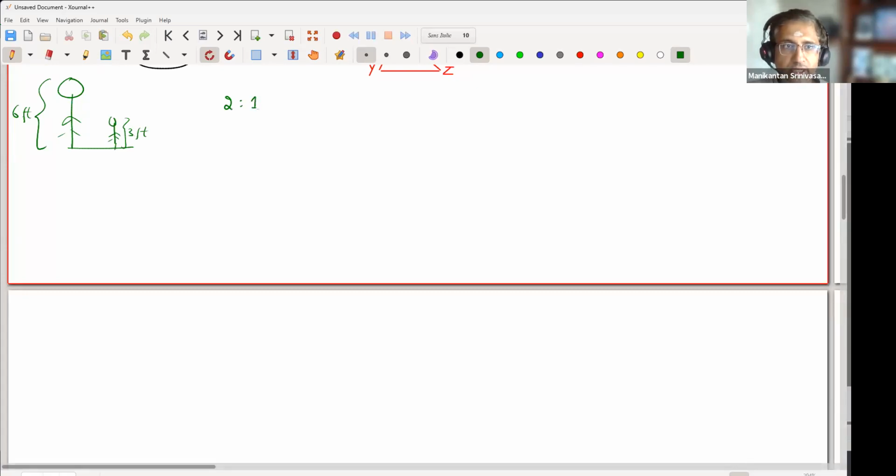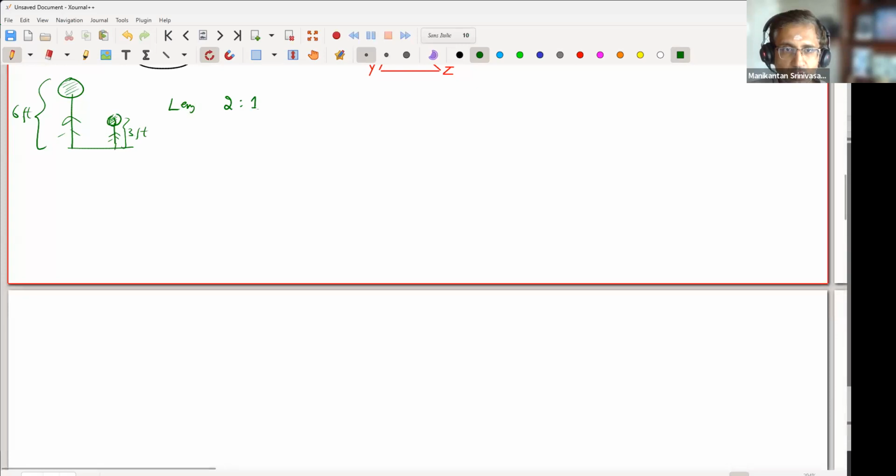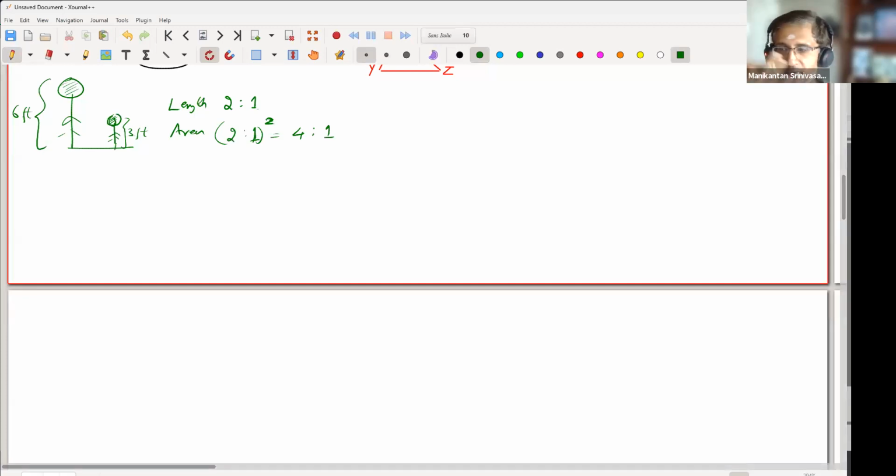And if you measure the facial area of this guy to the facial area of the kid, so lengthwise, it's 2:1. Area-wise, it'll be 2 square is to 1, right? Or rather 2:1 whole square, which is 4:1. So if you do the face area versus the face area of the kid, it'll be 4:1.